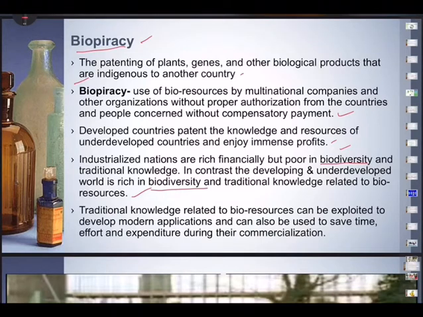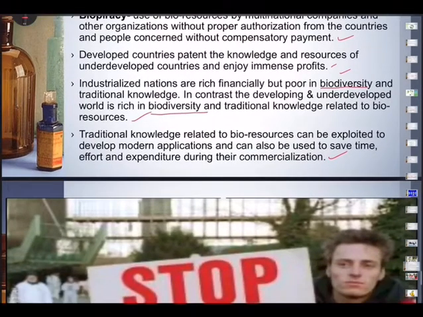We may not be industrially advanced, but we are very good with reference to biodiversity and traditional knowledge. So traditional knowledge related to bioresources, like our own Ayurveda, through which we are able to cure many diseases, can be exploited to develop modern applications and can also be used to save time, effort and expenditure during their commercialization.